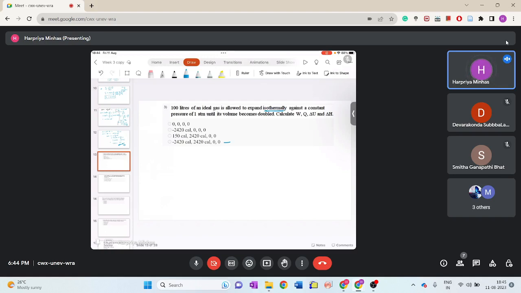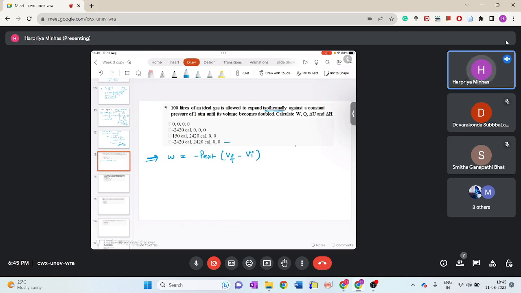In an isothermal process our Q is never 0. Now we calculate this work. In our last session we saw so many questions based on this formula, that is W equals minus P external into Vf minus Vi, that is final volume minus initial volume.